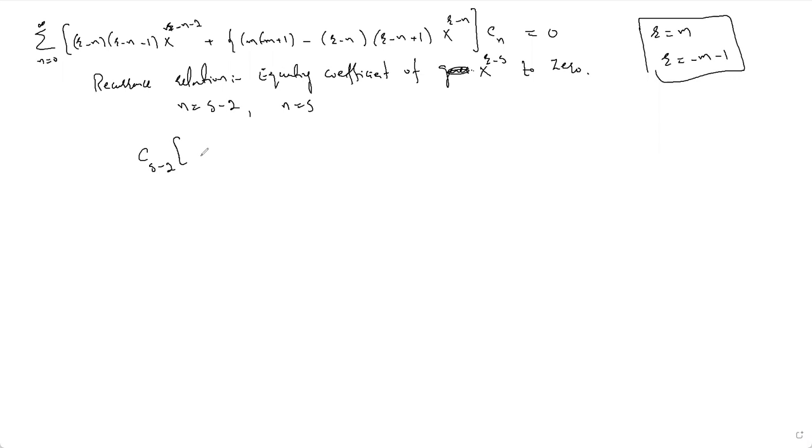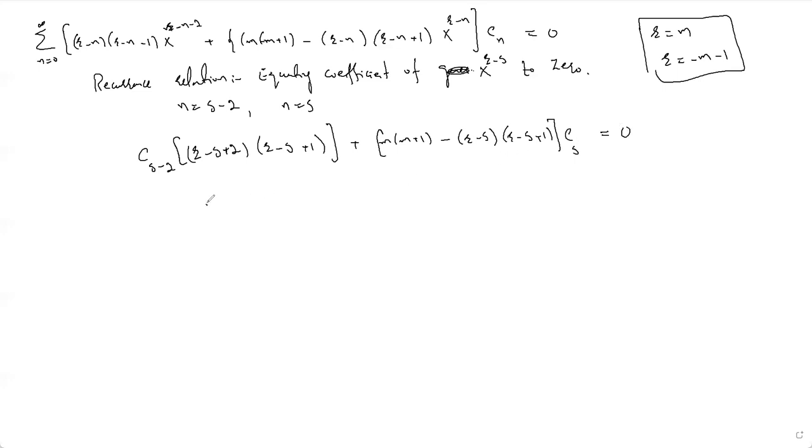Then r minus n becomes r minus s plus 2, and the next factor becomes r minus s plus 1. The term m(m plus 1) remains as such, minus (r minus s)(r minus s plus 1), times cs, where n is s. So that will be equal to 0.